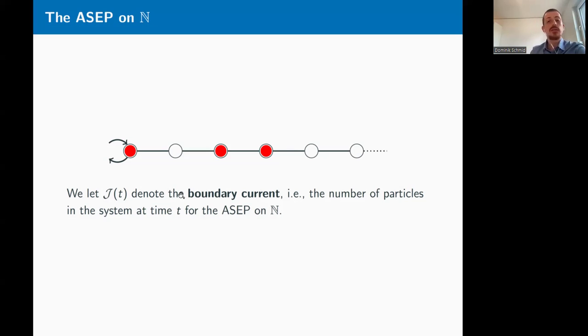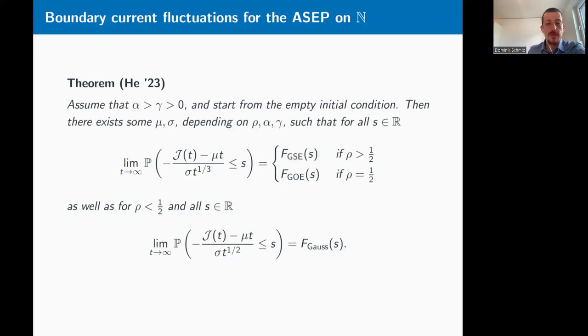And the key quantity, as we have seen in the simulations and intuitively, is the number of particles in the system at time t. In particular, we start from empty initial conditions. What is the number of particles J_t which we have after time t? If you look at the following theorem, that explains how we get the limit profile.